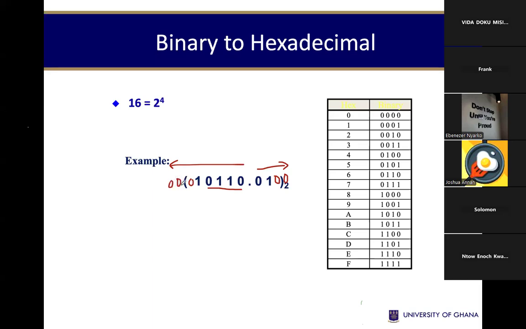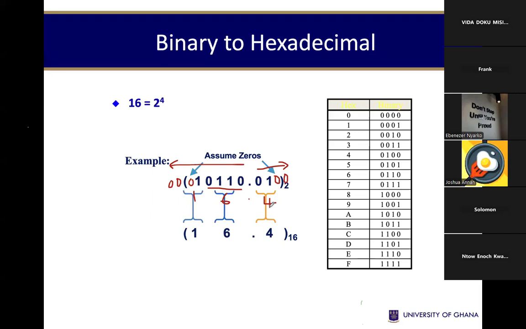So this is 0001, which is the same as 1. So this gives me a 1. And then this 0110. From the table, you can do the conversion, you know that, and that is going to give you a 6. And lastly, I can bring my point, and this gives me 0100, which should give me a 4. So that's going to give me 16.4 in hexadecimal.